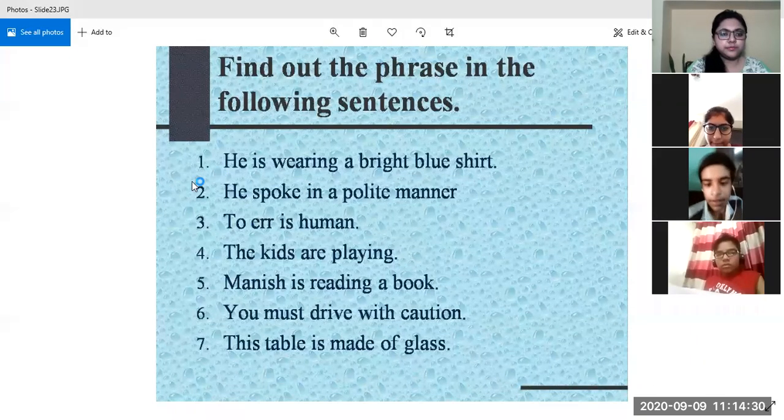Manjari. Okay, Arpit, give the answer. You must drive with caution. What will be the answer?